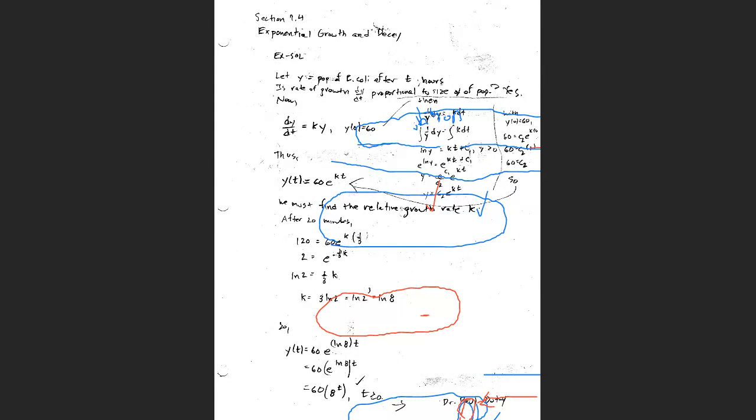All right, well, then the next thing that's asked for in the problem is find the rate of growth of the E. coli bacteria population after t hours. Find the rate of growth. When you think about rate of growth, what do you think of? A rate.